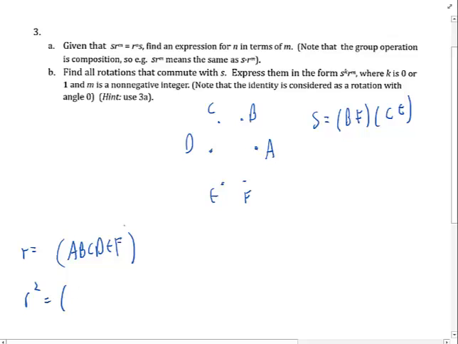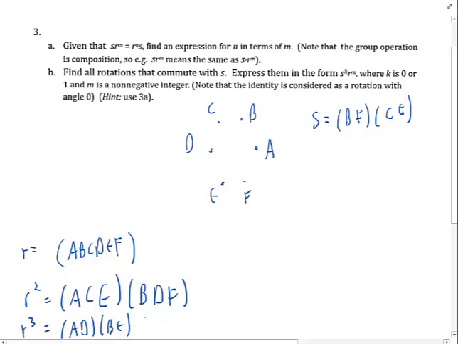Now I mentioned that R squared takes A to C, and it takes C to E, and takes E to A, so that closes off, and then it takes B over to D, and D over to F, and F back to B. So that's R squared. R cubed, well, that takes A over to D, and then it takes B over to E, and it takes C over to F.